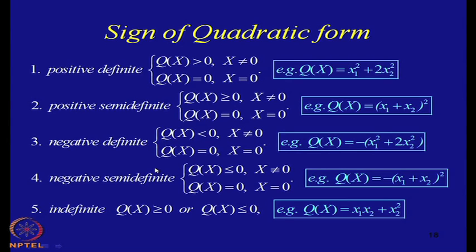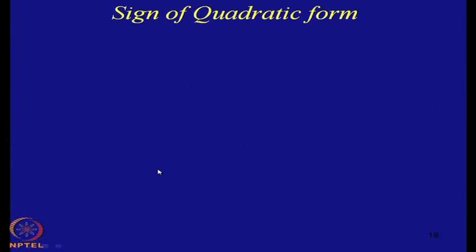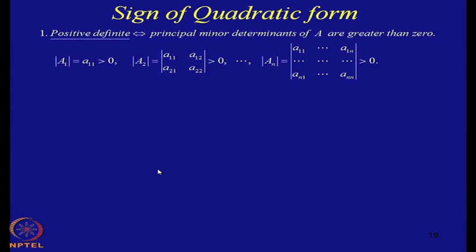There are two processes, rather. One process is that we look at the principal minors of the corresponding determinant, and from there we conclude. Or we look at the eigenvalues of the corresponding matrix.